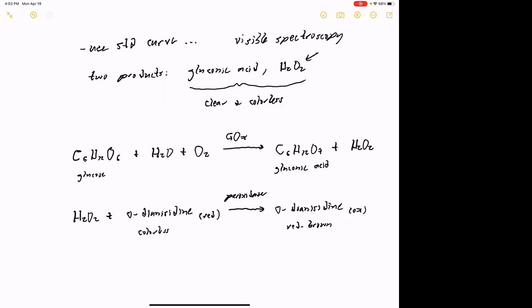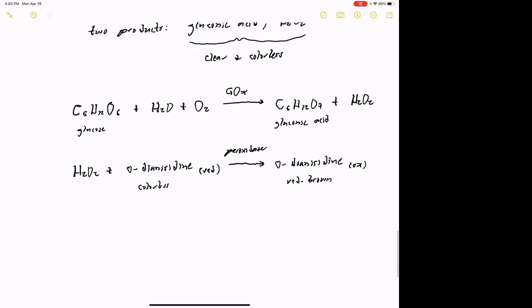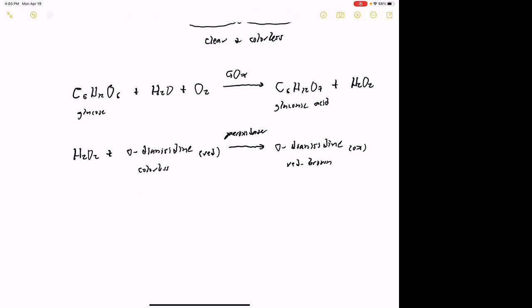Now, we could probably leave it at that if we wanted to, but the procedure actually goes one step further with another reactant. And that's also there to essentially denature the enzyme and kill the reaction at the end of it. So in other words, when we define what the end of the reaction is, we want to denature the enzyme, and this last step does that for us. So we're going to take the o-dianisidine that we made, the oxidized form, so that's the OX, and I'm going to add sulfuric acid to it.